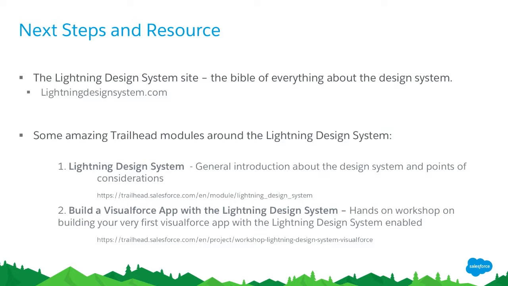It's basically a set of components, a set of rules, a set of CSS utilities, and of course the principles that guide what you should design in the app. So just go check out that site. It's really awesome, and I'm pretty sure you will get a lot of ideas if you're developing or planning to develop an app with the Lightning look and feel in Visualforce.